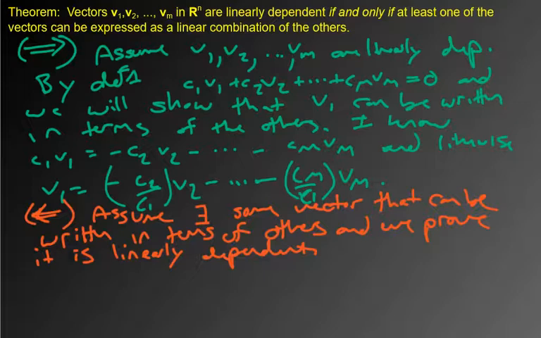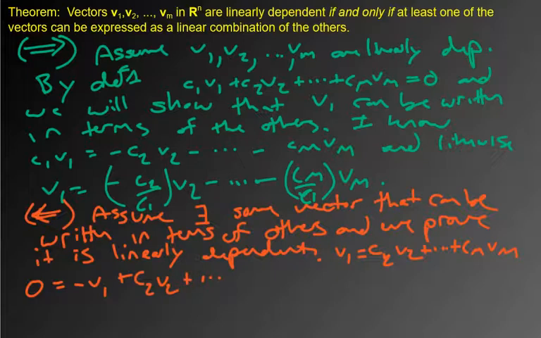So I'm going to start with v1, which equals c2 v2 plus, blah, blah, blah, plus cm vm, all right? And it's really short. Basically, I'm just going to subtract v1 over, and I would have this.